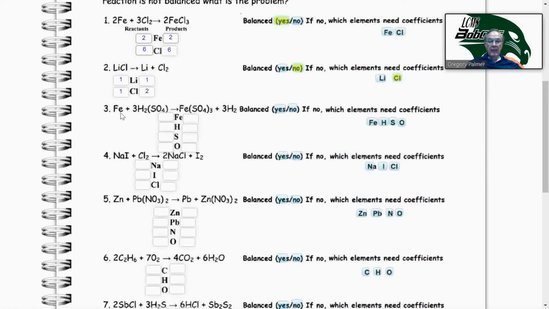In this equation, it says this single elemental iron plus, and then there's 3 of this whole compound. So there's 3 H2SO4s.